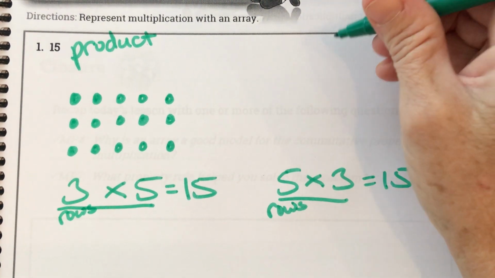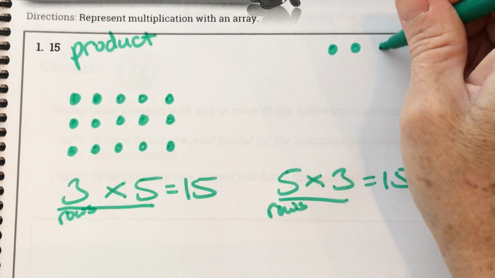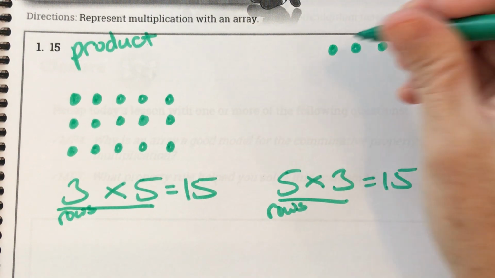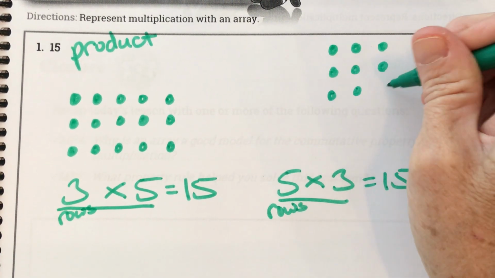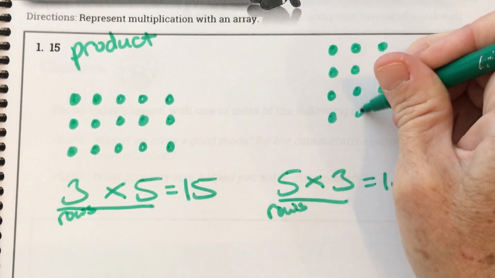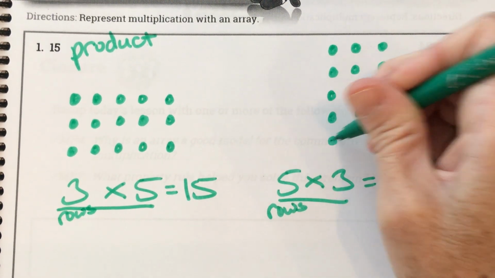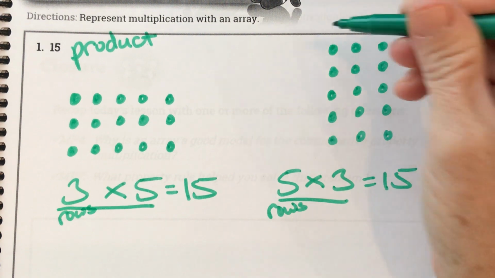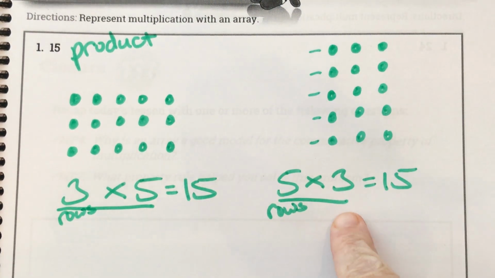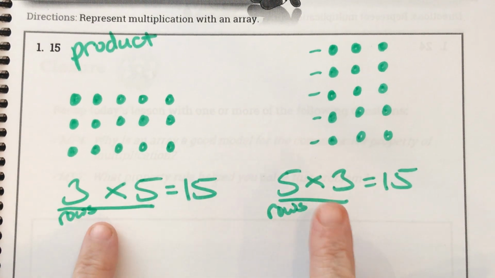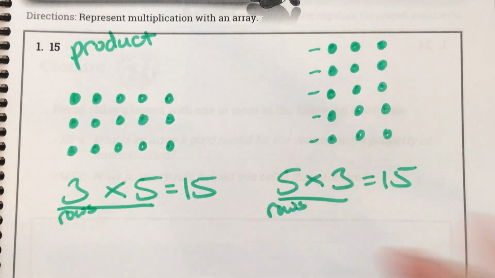If we do 5 rows of 3: 1, 2, 3, that's row 1, 4, 5, 6, 7, 8, 9, 10, 11, 12, 13, 14, 15. So I have 5 rows of 3, which also gave me 15. So that's what the commutative property means, is we can switch our factors and we still get the same answer.